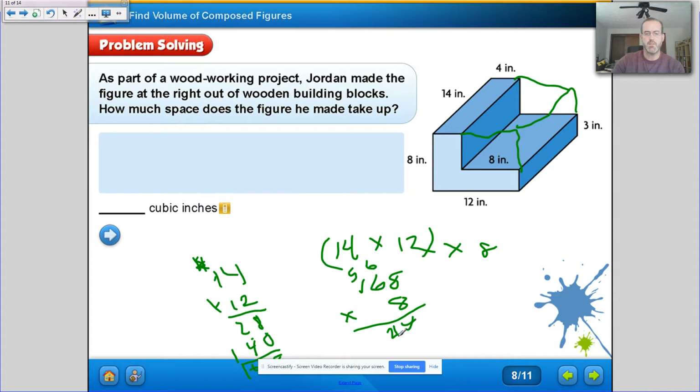I'll just make that 4. Right? 8 times 1 is 8. 8 plus 5 is 13. Wow, that's a big one, right? It's 1,344. Now that's the total volume.